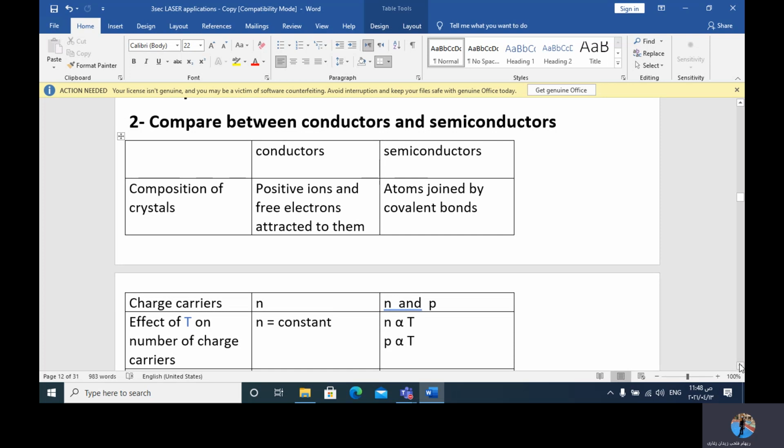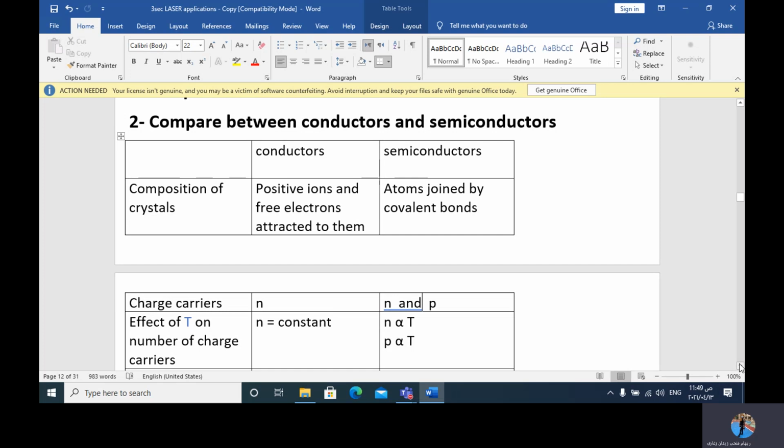But conductors are formed inside a structure called crystals. Inside the crystals, you have positive ions and free electrons. So it's like positive ions, and then you have a sea of free electrons moving freely around them.